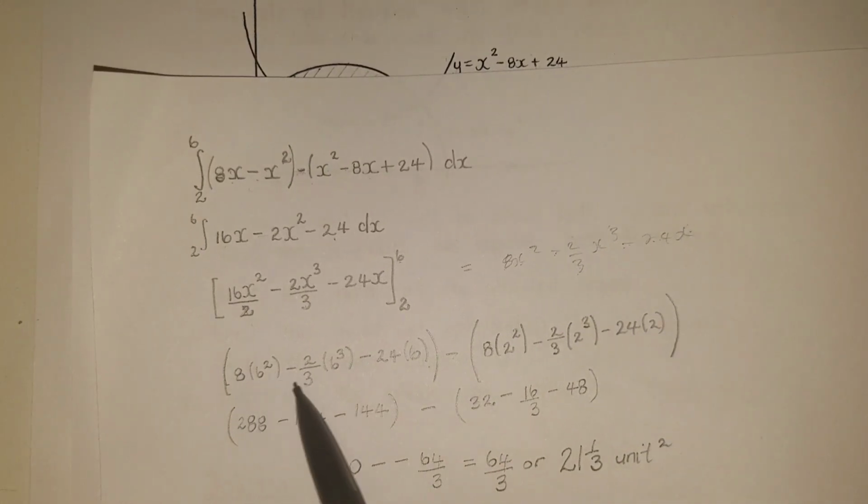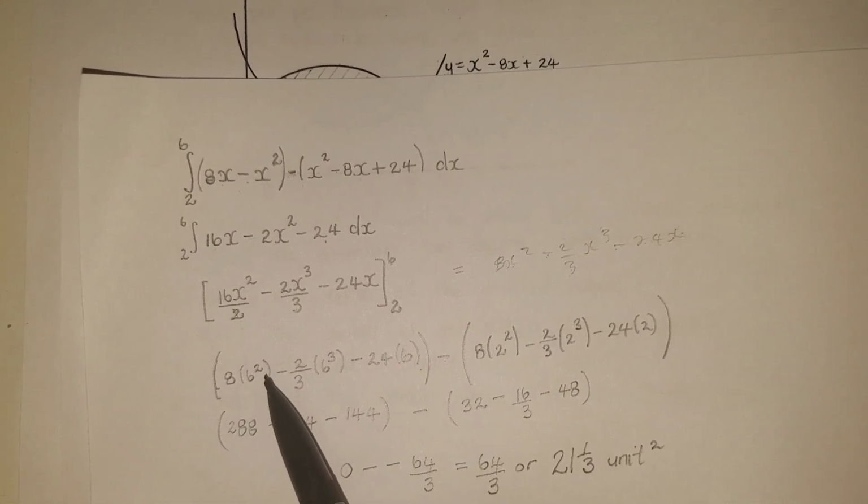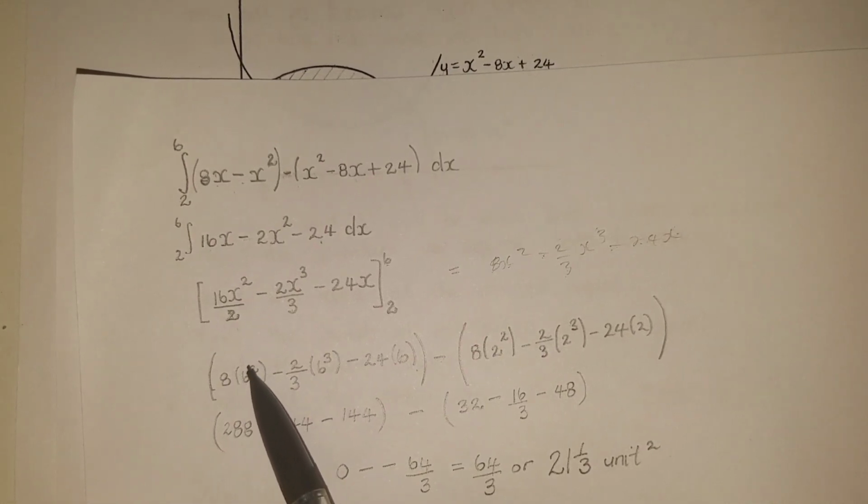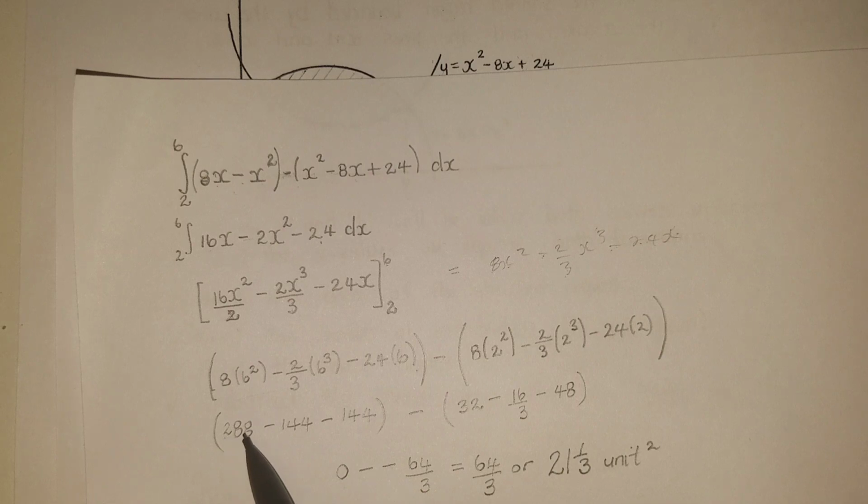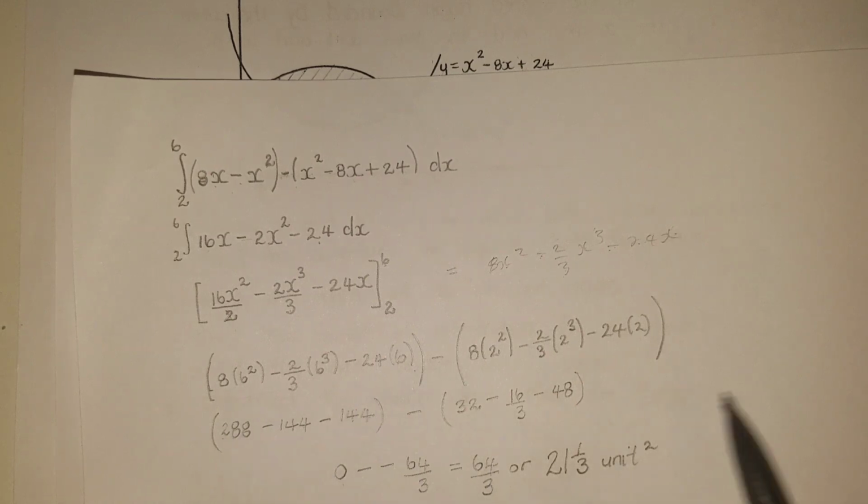Now when we work each of these brackets, 6 squared is 36, 36 times 8 is 288. 6 cubed is 216, 216 times 2 over 3 is 144. And 6 times 24 is also 144. Now these cancel, giving us 0 in our upper bracket.